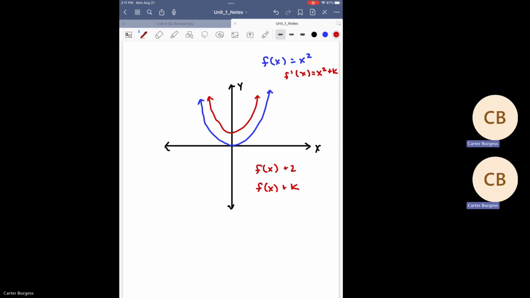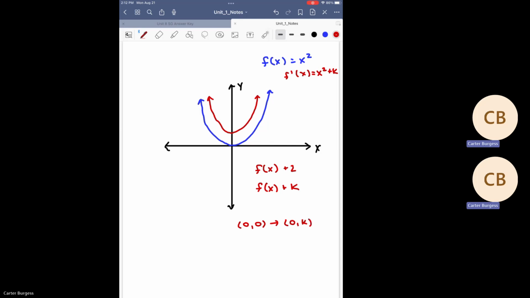Another way that I really like to think about this, which is maybe a little bit less obvious, a little bit less intuitive, is that we are taking the origin, 0, 0, and shifting that origin to the point 0, k.